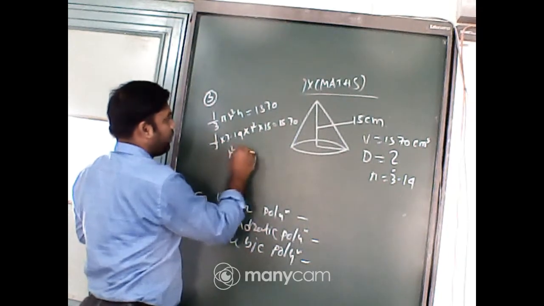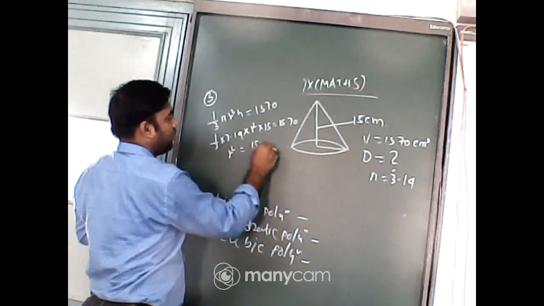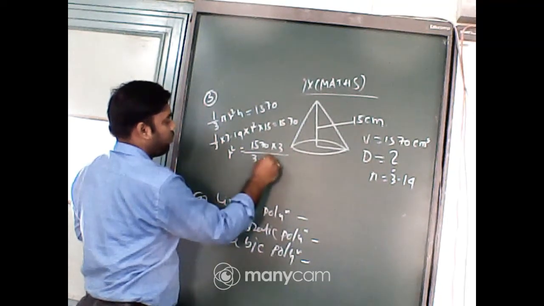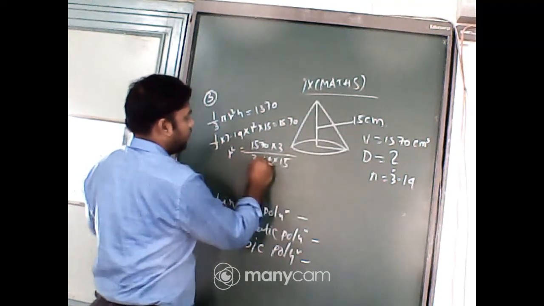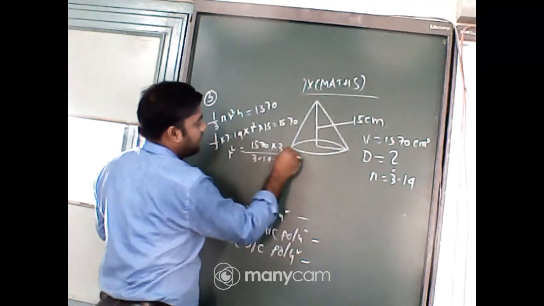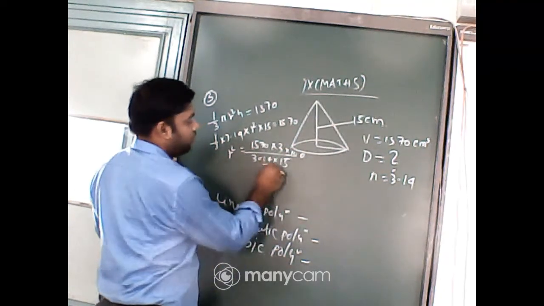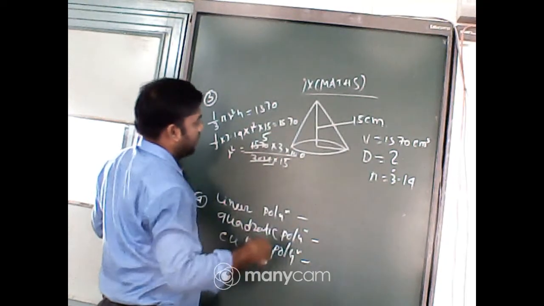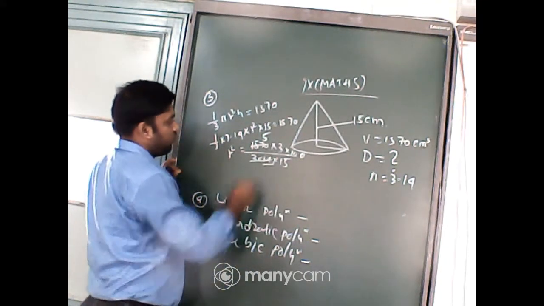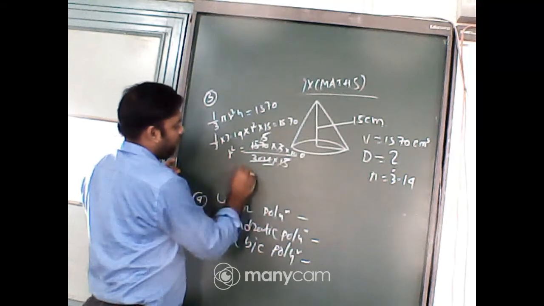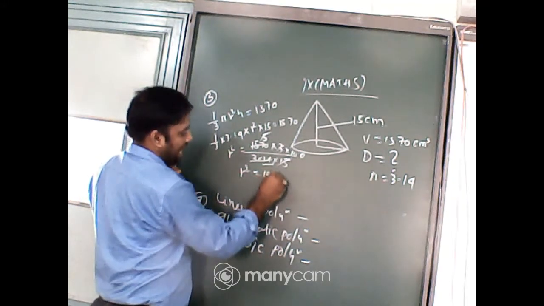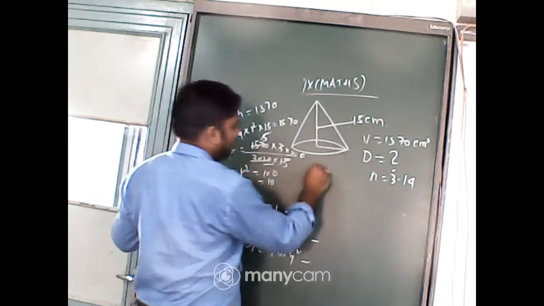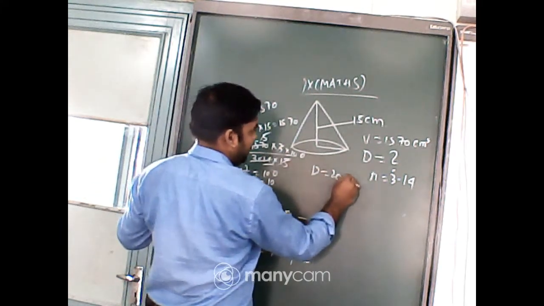Therefore r square will be 1570 into 3 by 3.14 into 15. For removing that point, write here 100 because 2 digits are there. Now cut it, you will get 5. So r square equals 100, r equals 10. So diameter equals 20 centimeter.